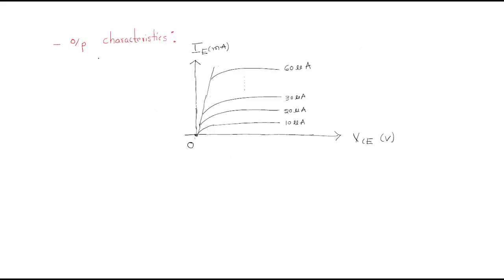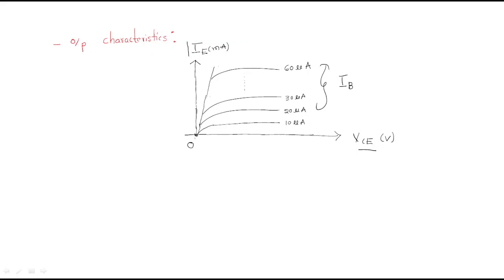Next, the output characteristics. Look at the output characteristics. When we vary the output voltage, the output current, which is the emitter current, varies like this. For 10 microamperes, the current slightly increases like this. These are the fixed values of the base currents IB.